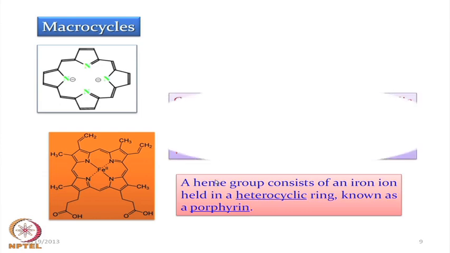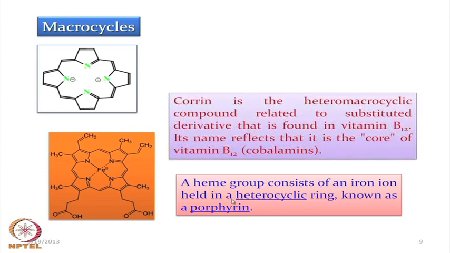So, there are also several other groups which are known as heteromacrocyclic compounds. Heteromacrocyclic means it is formed from carbon, hydrogen, and the heteroatom is nitrogen, which is related to this particular porphyrin ring but is found in vitamin B12. Its name reflects that it is the core of vitamin B12 and the cobalamin molecule.